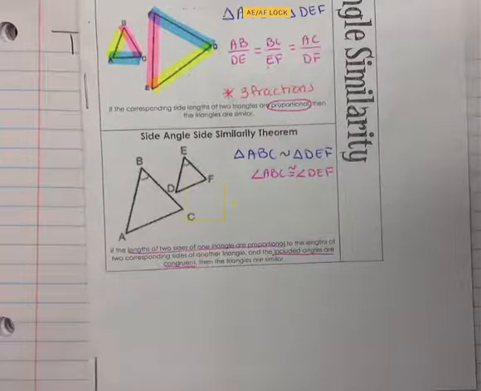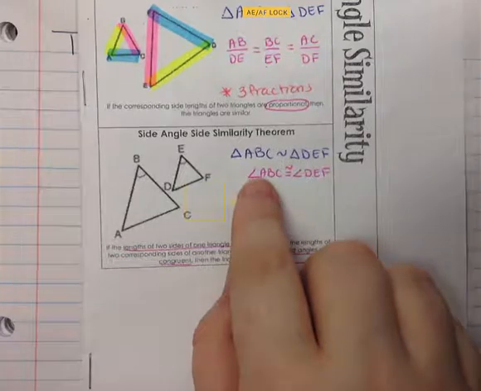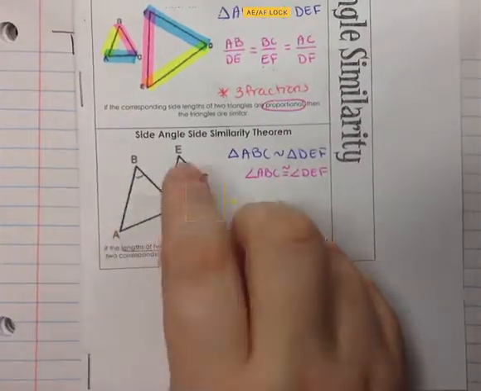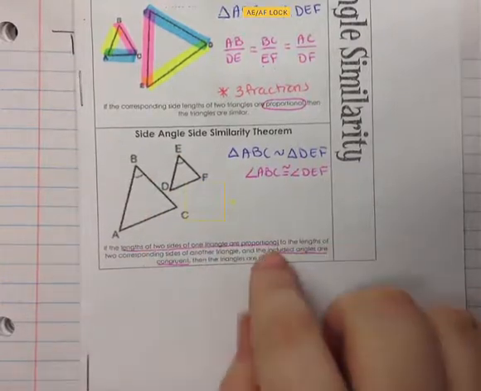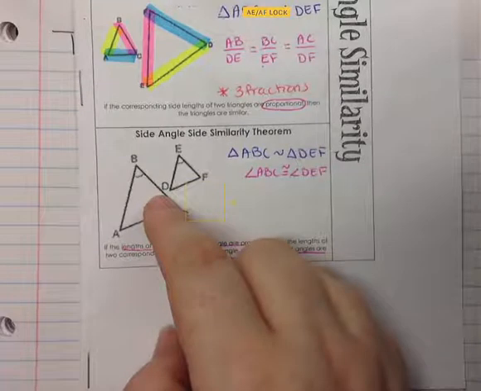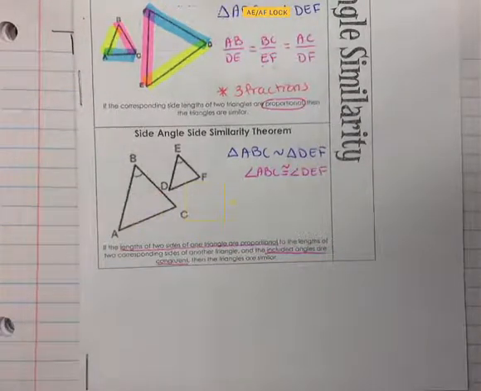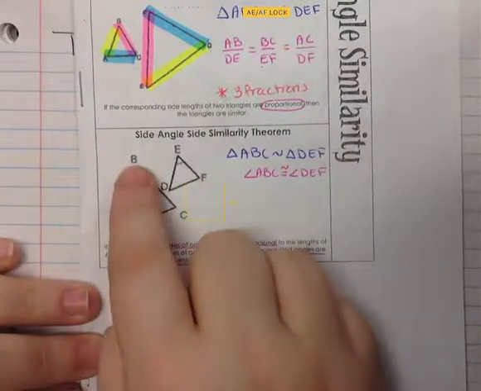So then what would the 2 sides be that would make this proportional? On here, A, B, C, and D, E, F. So if we're looking at B and E, these have to be included. That means that these angles have to touch the sides that are proportional. So this segment AC does not touch that angle at all.